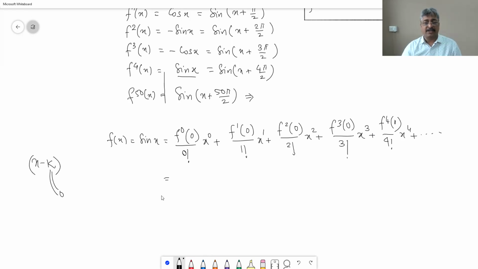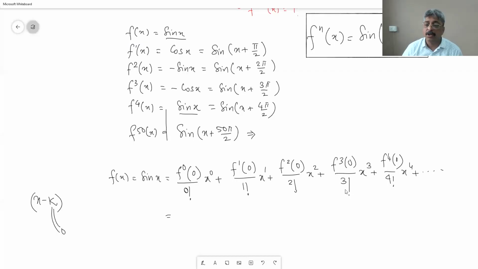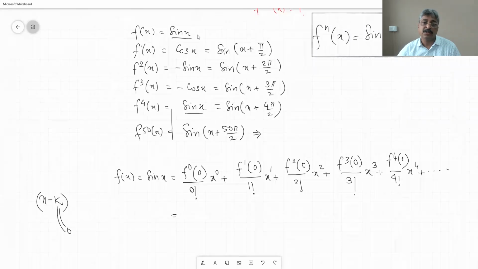Tell me what is this? Okay, so all these coefficients are somehow written here. Therefore, we will find out: if x is equal to 0, sin 0 is 0.